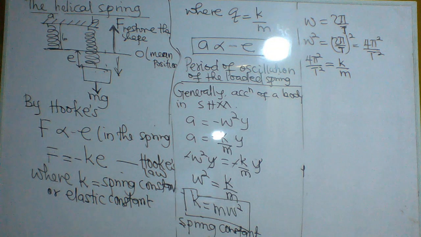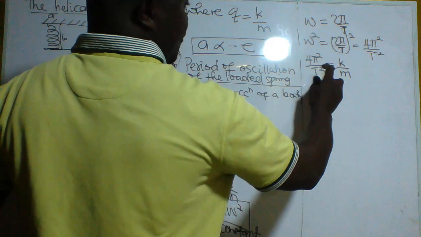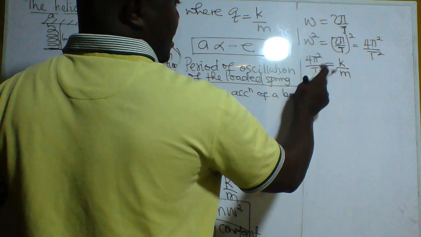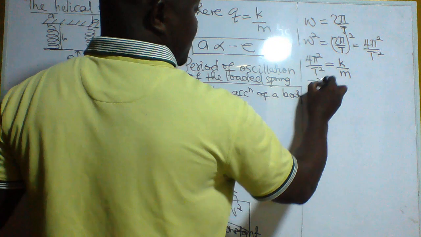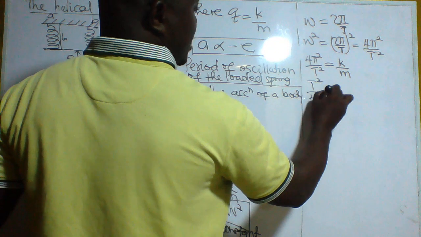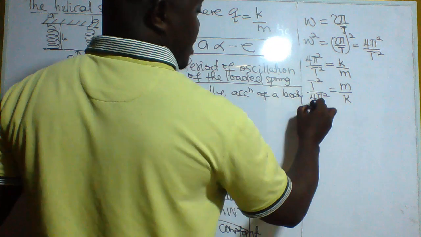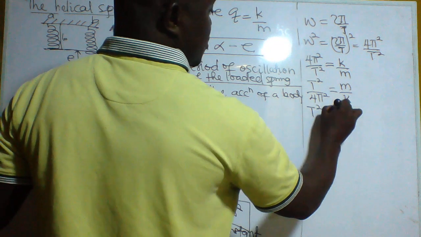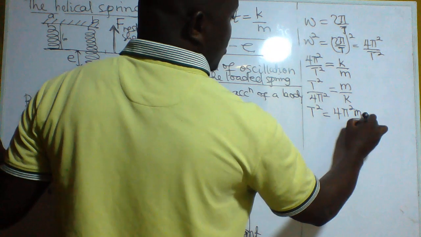Let's then make T squared the subject. If we flip both sides of the equation, we have T squared on 4 pi squared equal to m on k. Therefore, T squared is equal to 4 pi squared times m on k.